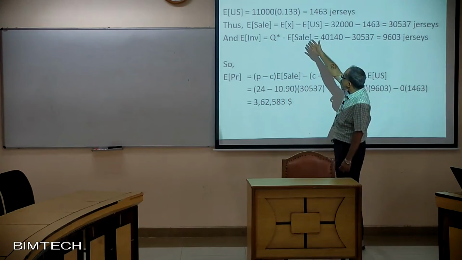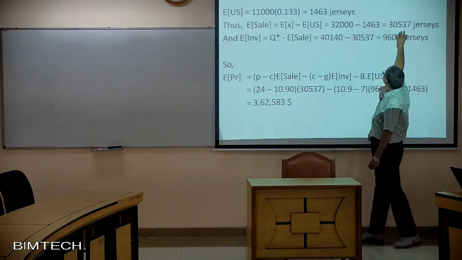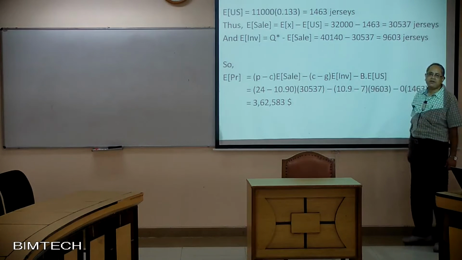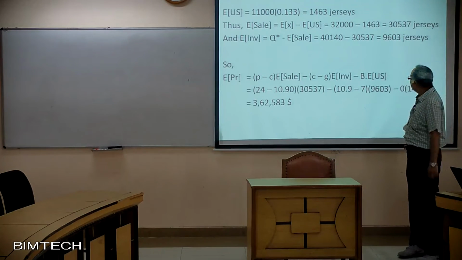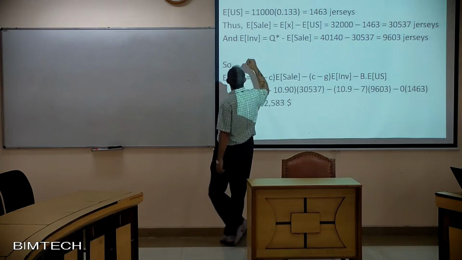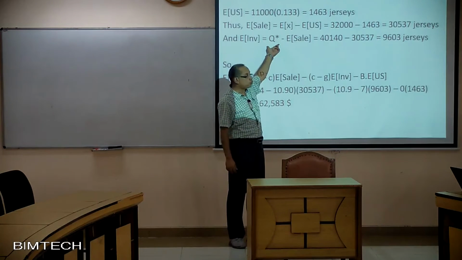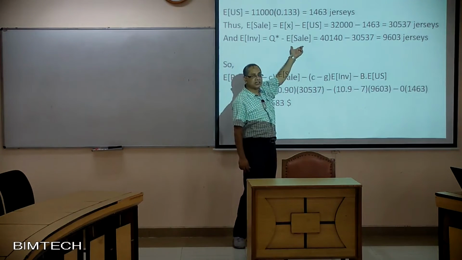Expected sale, well, that is expected demand minus expected unit short. So 30,537 jerseys. What is the expected inventory on hand? It is whatever we start with, the Q star, minus the expected sale.